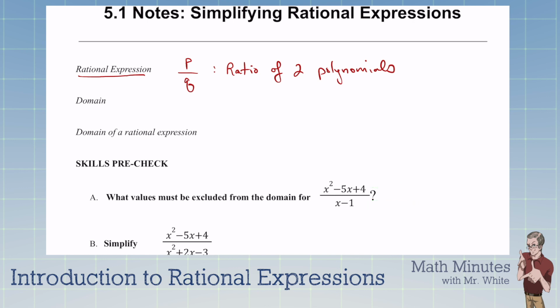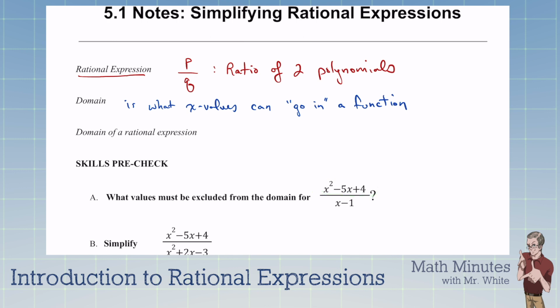Now, the domain of any function is what x values can go in a function. What is allowed to be plugged into a function? So, for example, if you're just looking at x squared minus 5x plus 4, anything can go in that, right?